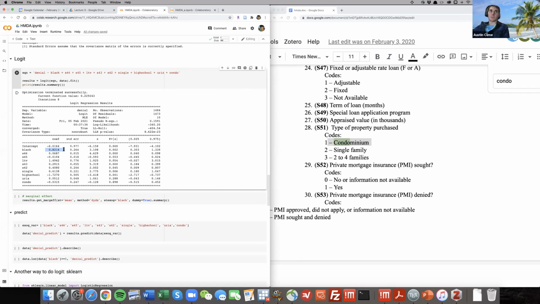That's the odds ratio, exactly. So you can use the odds ratio to interpret it, but it does not mean that the denial rate is 80% higher, right? That would be absurd.